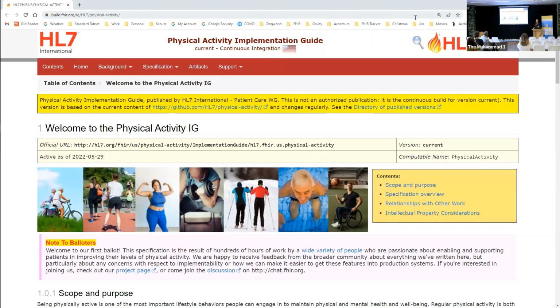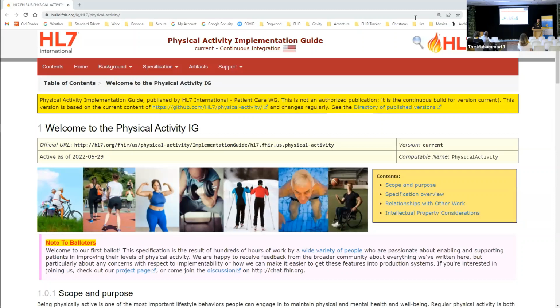The implementation guide is deemed to be US specific. It's deemed to be US specific because that's who showed up at the table at the beginning, but there's nothing about the architecture or design that couldn't apply anywhere in the world. And so if we get engagement from global partners who say, yes, this makes sense for us as well, I'd be very happy for the next release of it to not have a US flag, but to have a global flag on it, because it makes sense for us to do this everywhere.